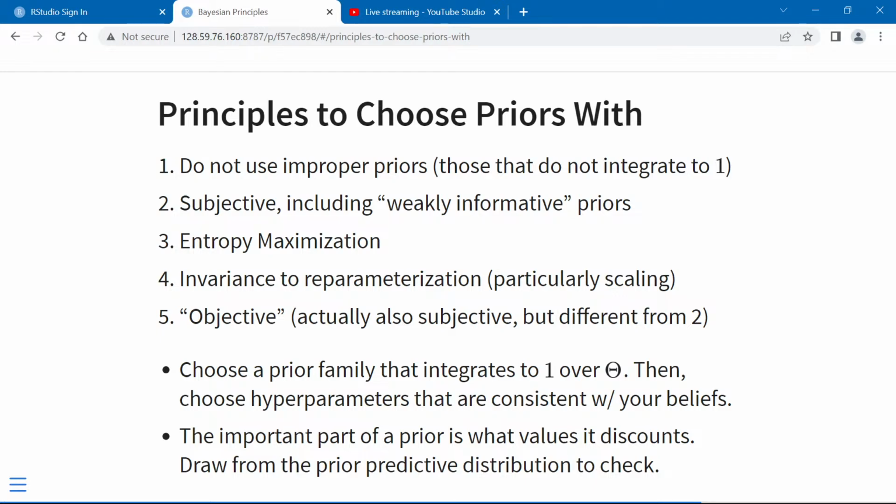Now, improper priors are historically used a lot, even though I would recommend against them. And that has fed a misperception that improper priors are uninformative, which is not true.